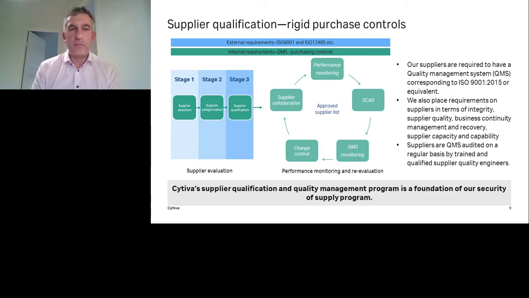The next part of the process is supplier categorization, and this is undertaken by our supplier quality engineering team. And they evaluate suppliers based on the types of components that they're going to produce for us, and produce a risk delineation between the raw materials.